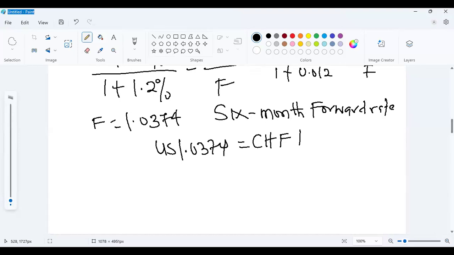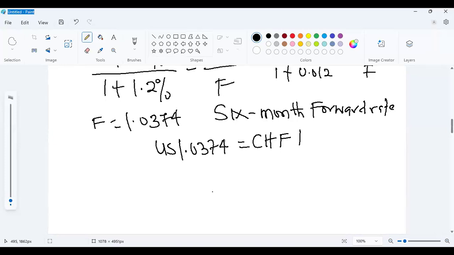You have estimated the rate, and this is the rate that will be used for this transaction.